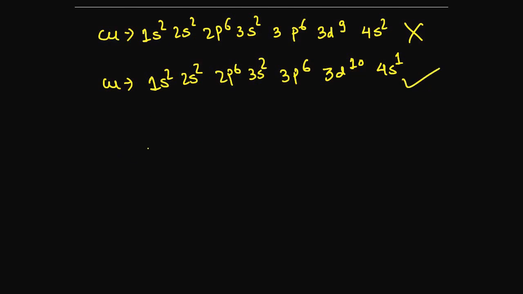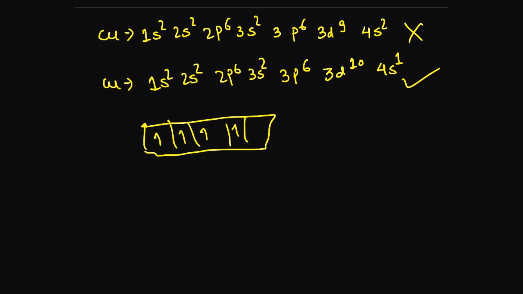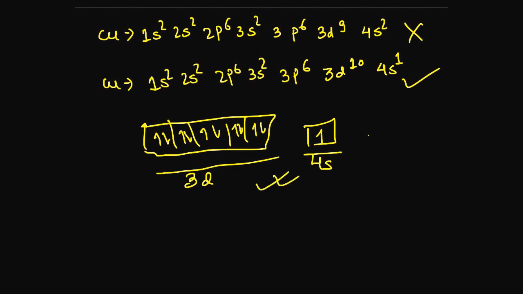Because to attain stability, we know that 3d10 is a fully filled orbital: 1, 2, 3, 4, 5, 6, 7, 8, 9, 10. 3d is fully filled and 4s is half filled. Both of these are stable. So the configuration has changed from this one to this. So it's very simple. It's not too difficult.